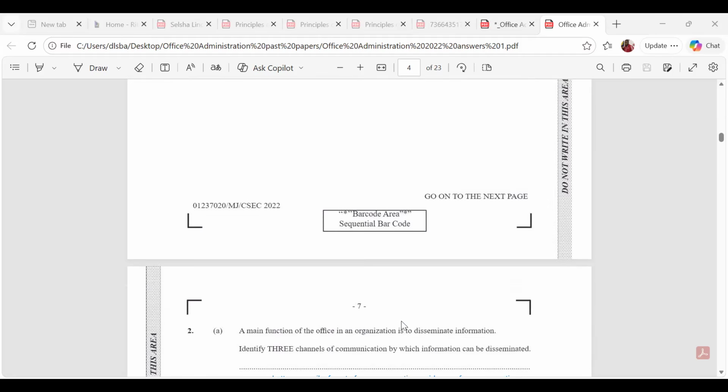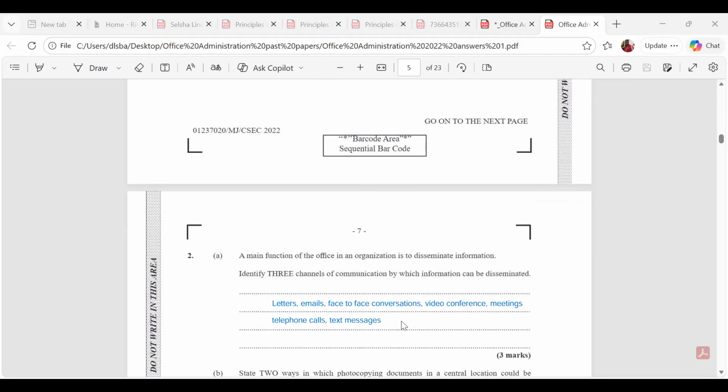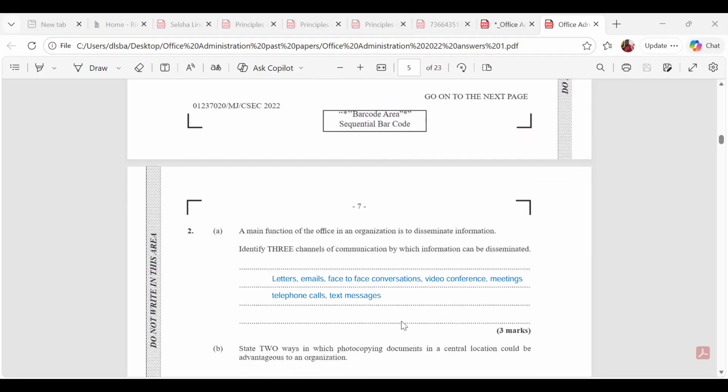And three, they could hold a meeting. You could send reports, memos, texts, video conference. You have so much to choose from, but those 3 are correct.